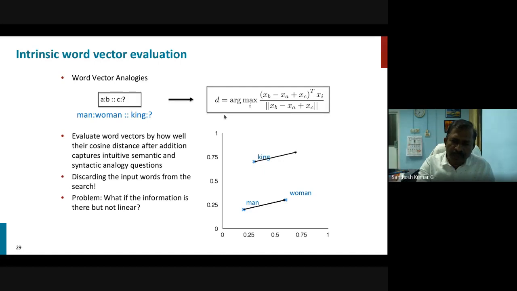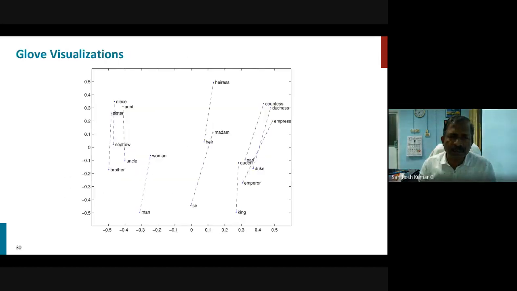And please remember, we are trying to see whether they are semantically similar or syntactically similar. We expect semantic similarity to be captured by the word vector representations. So let us see some visualizations taken from some papers.